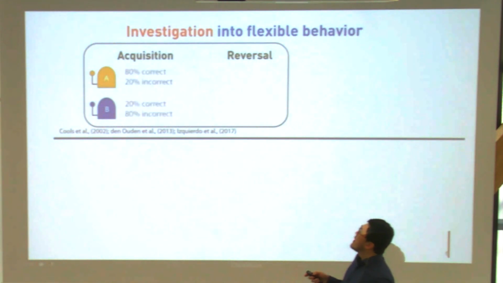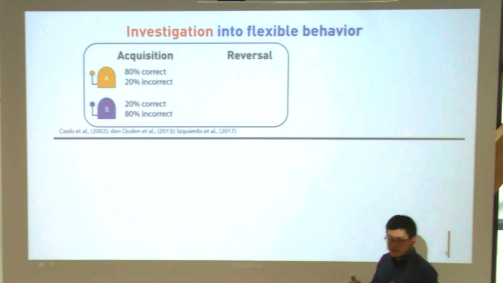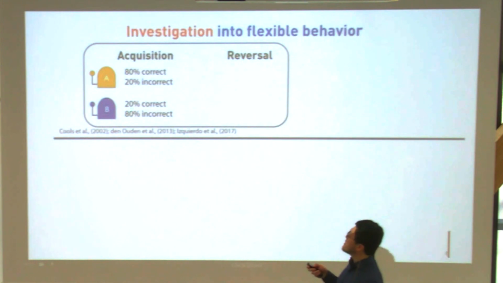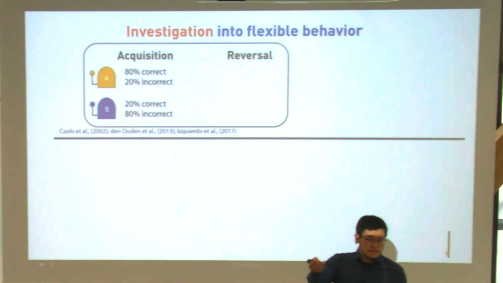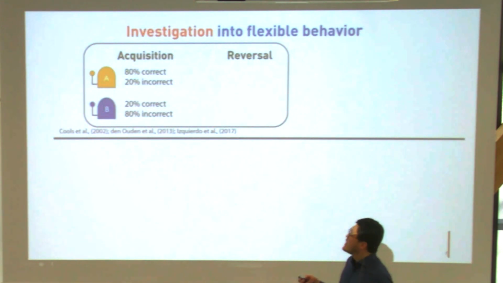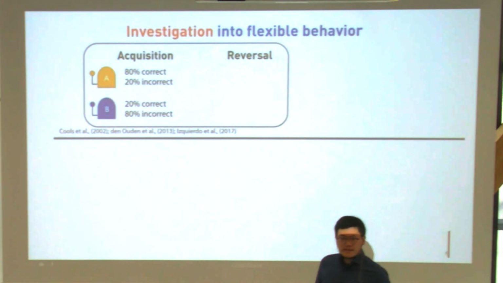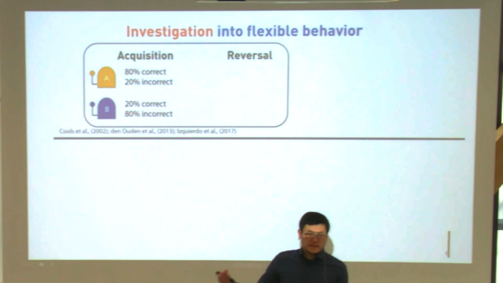For example, there are two choice options, A and B, blue and yellow. If you choose A, 80% of the time you get a reward and 20% of the time a punishment. The reverse is option B. If you choose B multiple times, 20% of the time you get a reward, and 80% of the time you get a loss.